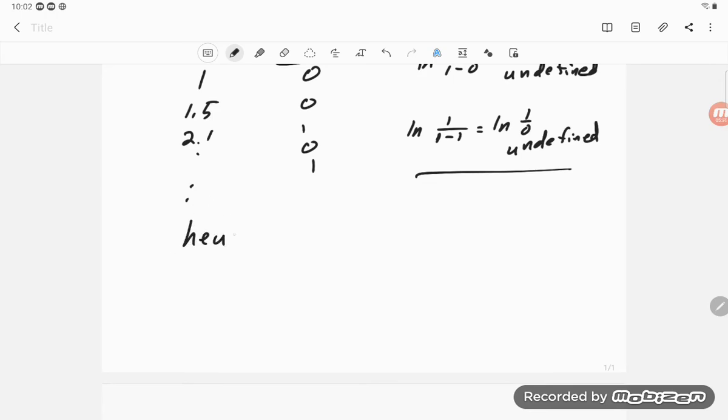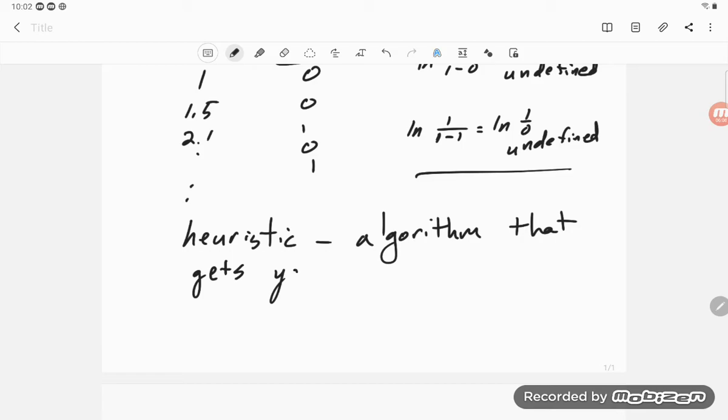Now, a heuristic is an algorithm that gets you close to the best answer, or the right answer, so to speak.